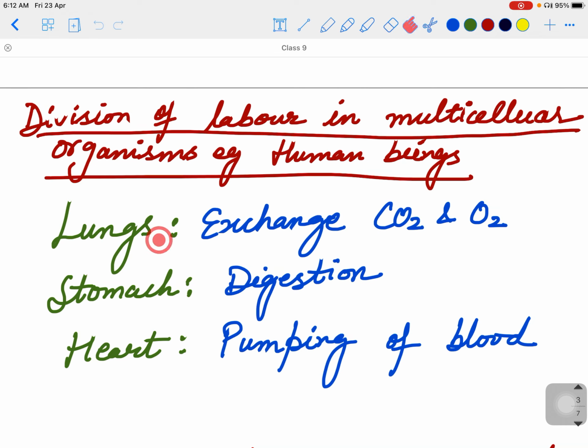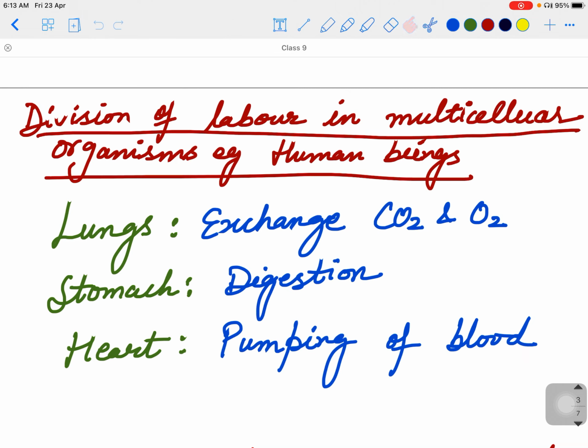Here you can see lungs, they are made up of a specific type of cells and they perform a specific function, that is exchange of carbon dioxide and oxygen. Stomach is made up of a different type of cells, and the function of stomach is digestion. Heart is made up of specific type of cells and it is involved in pumping of blood.